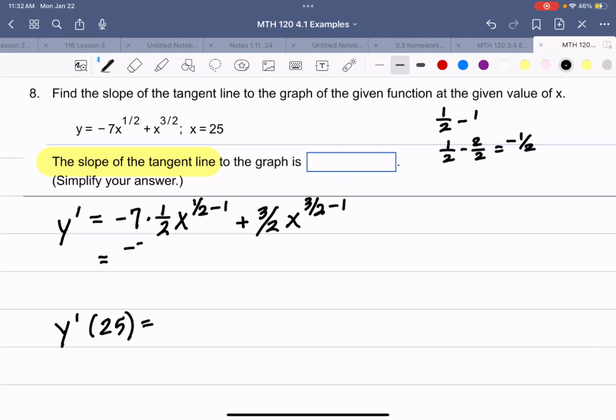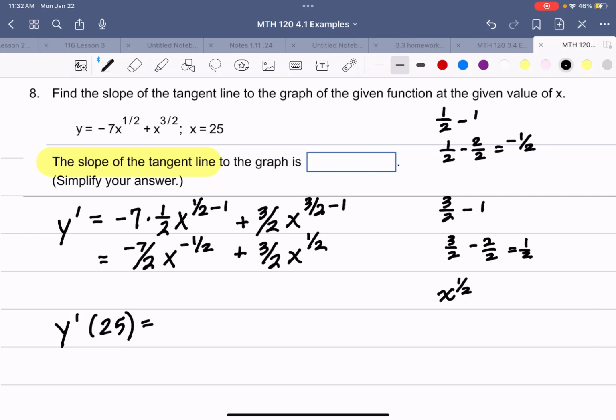So it's negative 7/2 x to the minus 1/2 plus 3/2 x to the 1/2. So if you take 3/2, subtract 1, that's 3/2, subtract 2 over 2, and so that's 1/2. Now remember, x to the 1/2 is the square root of x, and we'll need that when we want to evaluate this.